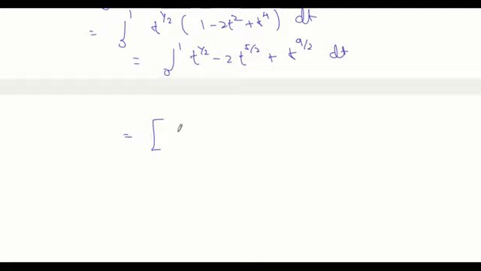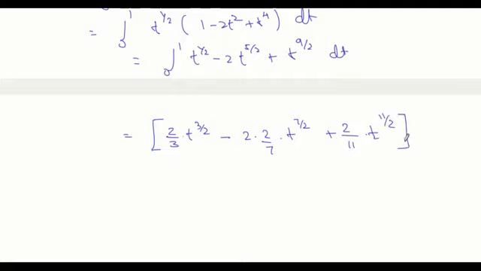Root t, we can say it is 2 by 3 t power 3 by 2 minus 2 into t power 5 by 2 plus 1, so 5 by 2 plus 1 means what will you get? It is 7 by 2. So that means 2 by 7 t power 7 by 2, plus 9 by 2 plus 1 is 11 by 2. So therefore 2 by 11 into t power 11 by 2.